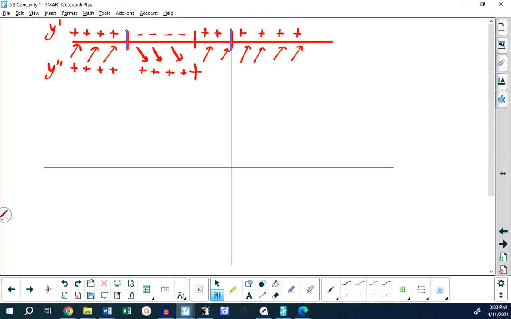Right on that -1, because that has nothing to do with the second derivative. And then negative. Am I right? Okay. That means that the graph of the function is concave up, then concave up, then concave down. Your job then would be to figure out what it looks like.